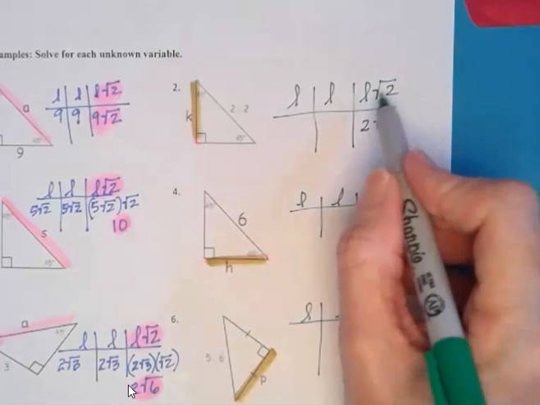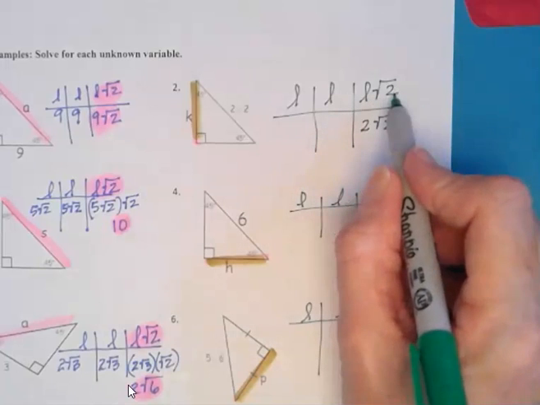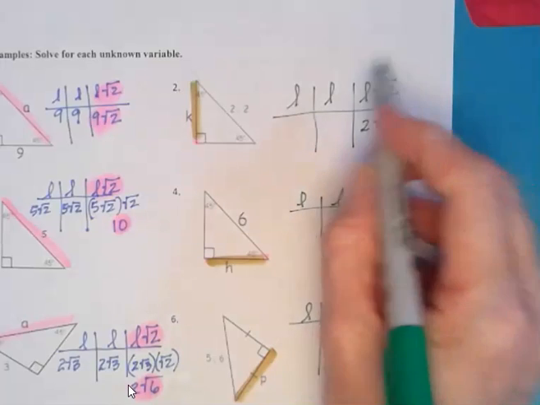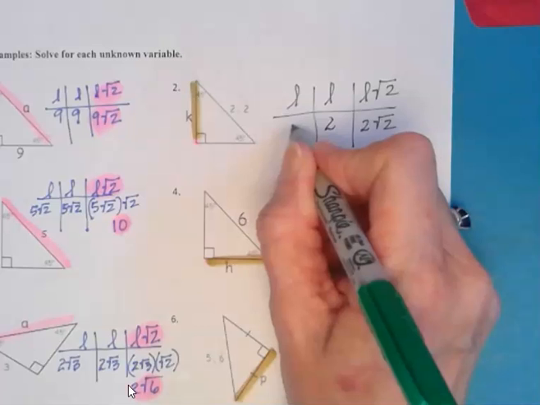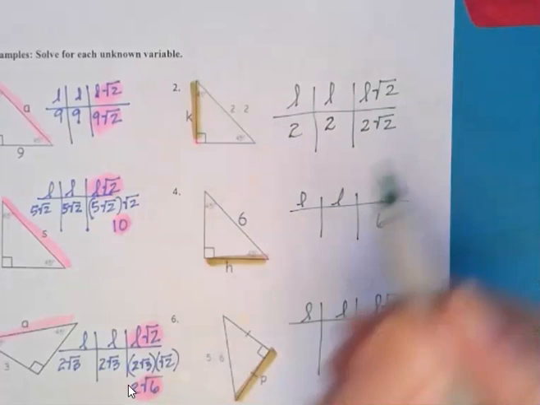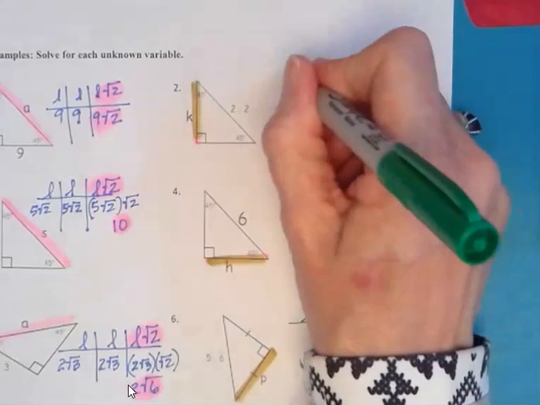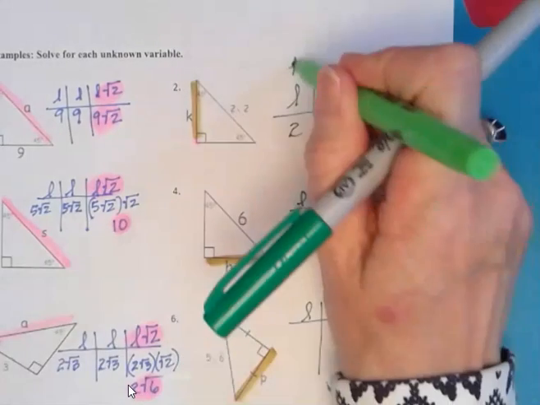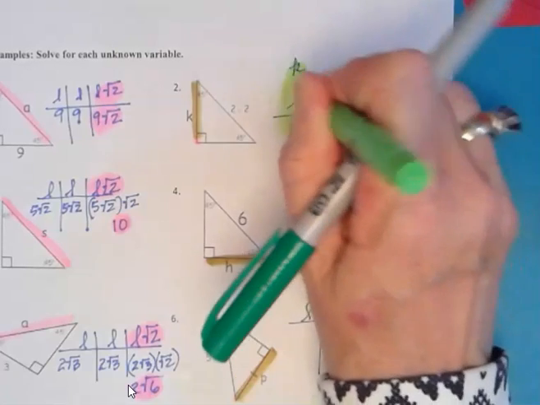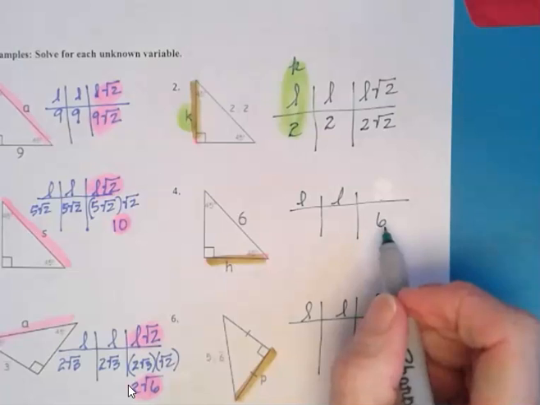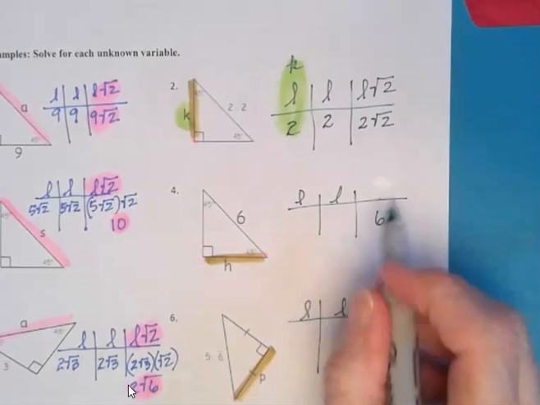If we know it's leg times the square root of 2 to represent the hypotenuse, and our hypotenuse is 2 times the square root of 2, it's logical that each of these legs are 2, and you're done. Since I wanted leg K, we could say this was leg K, and this is the answer for this problem right here. For these, I showed you in the first part of the video how to rationalize.